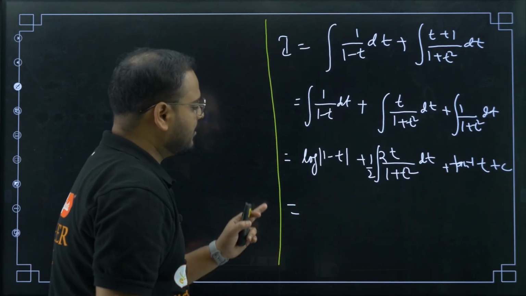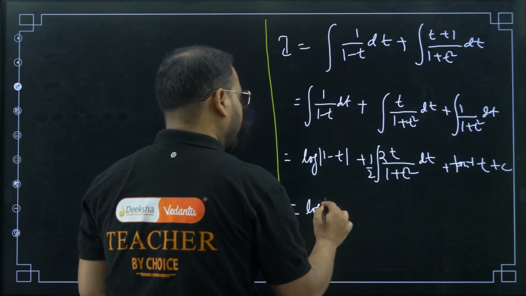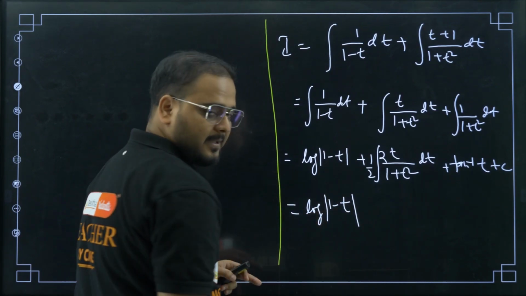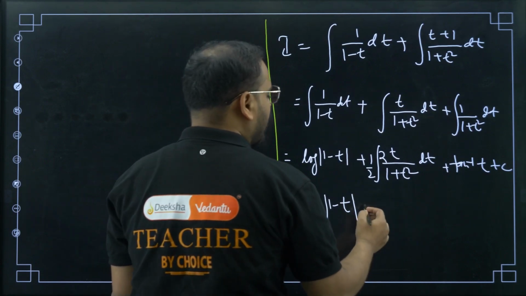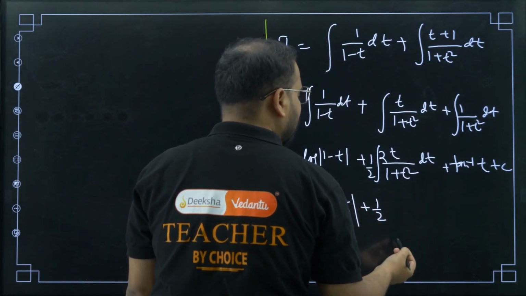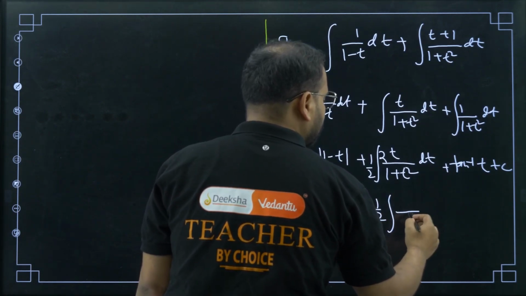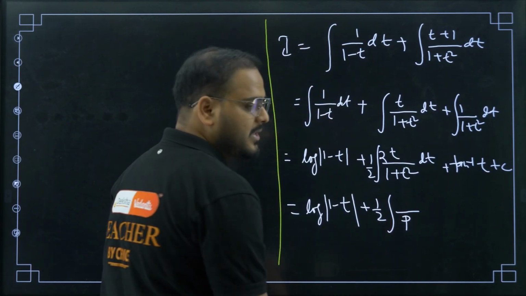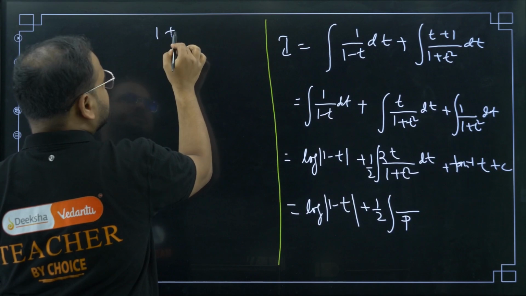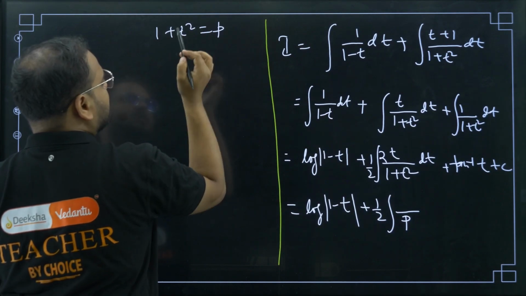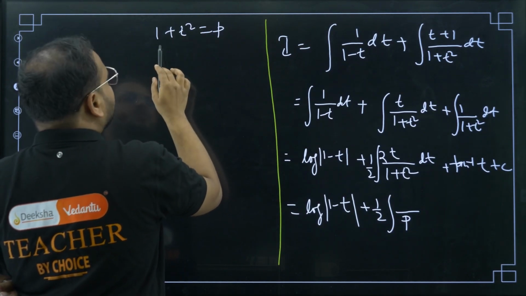Have a check. What are we going to get? Log of 1 minus t. Simple enough. Now if I take 1 plus t square as another variable, let's say p, I can write this simply as p. If I take 1 plus t square as p, what is this?